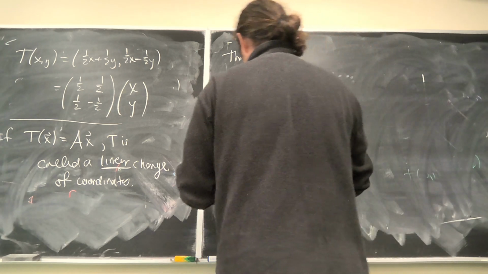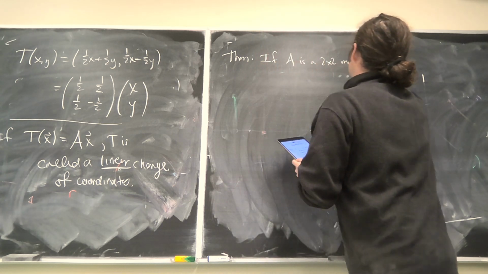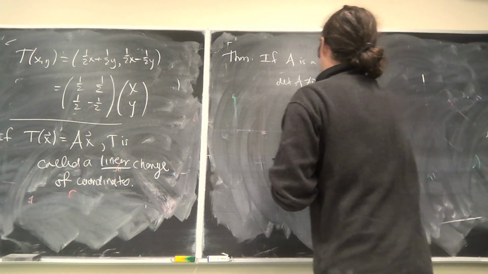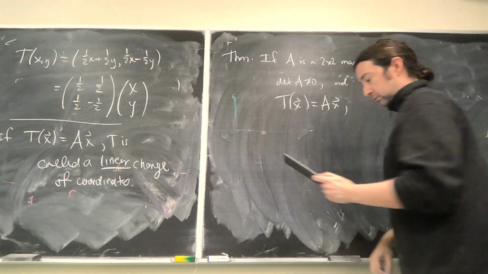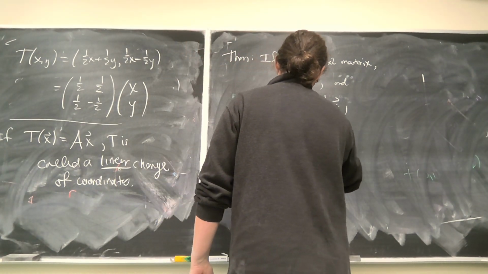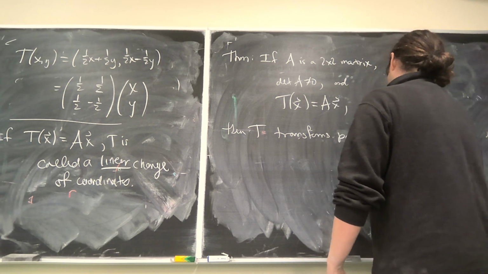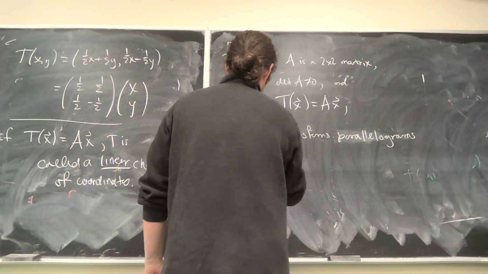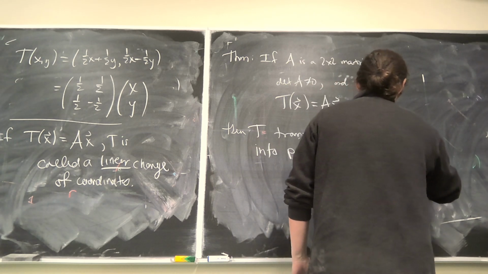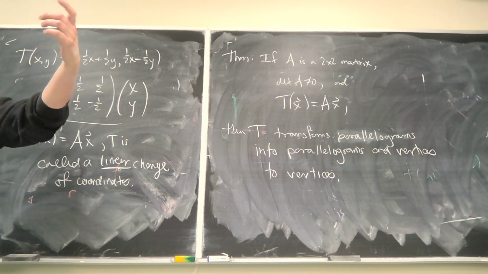The theorem says, if A is a 2x2 matrix, and you can imagine how this changes in more variables, the determinant of A is not equal to 0, and T of x is equal to Ax, then T transforms lines to lines, transforms parallelograms into parallelograms, and vertices to vertices. Which means everything that we just did, we could have just kept track of by figuring out where the corners went.